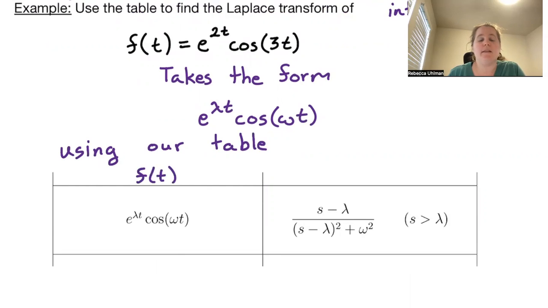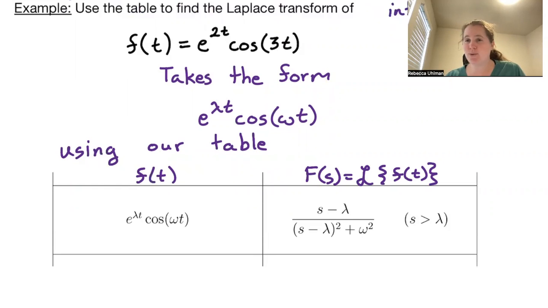We had e to the lambda t cosine of omega t. And then for a capital F of s equals the Laplace transform of lowercase f of t, we get s minus lambda all divided by s minus lambda in parentheses squared plus omega squared, all of that in the denominator. And this is defined for s greater than lambda.